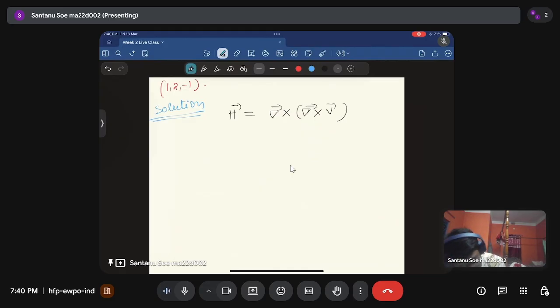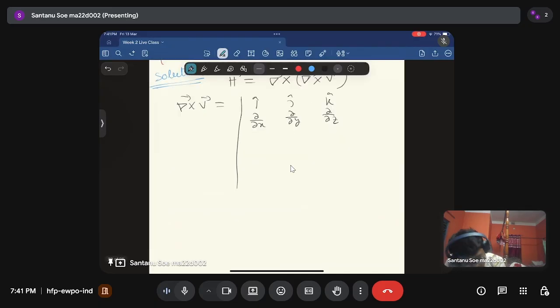So first we're going to find out the curl of v, which is nabla cross v, and this is just the determinant of i j k, del x del y del z, x square plus y square, y square plus z square and x square plus z square.